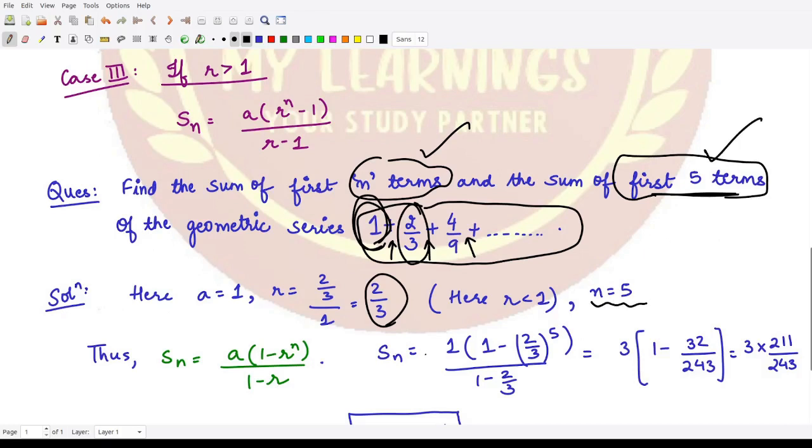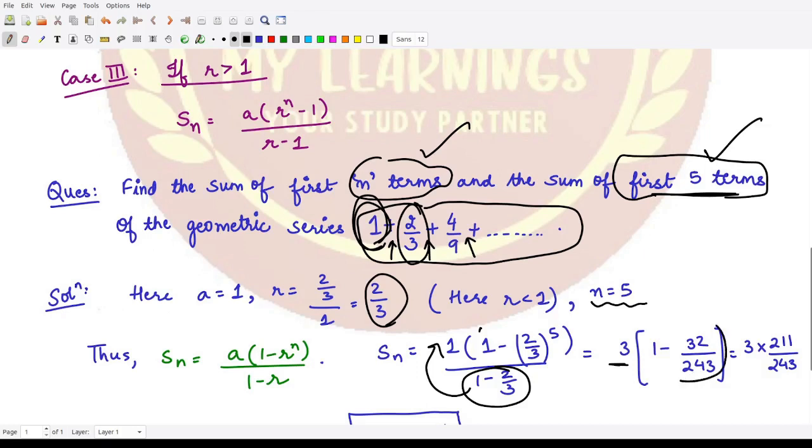So according to the formula, the value of a is 1, right? 1 minus the value of r, 2 by 3, raised to power 5, divided by 1 minus 2 by 3. So when you solve this, the denominator would be 1 by 3, so that when you simplify this, 3 would come in the numerator, and you are left with 1 minus 2 raised to power 5 is 32, 3 raised to power 5 is 243, you may check.